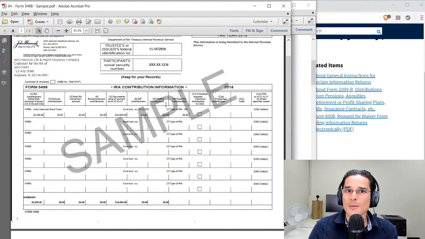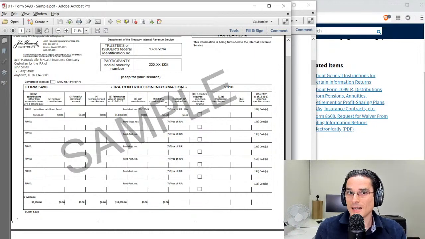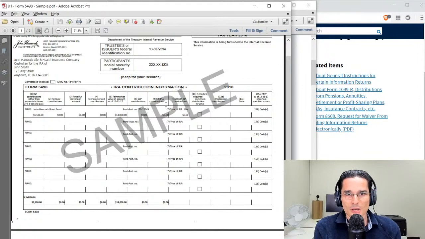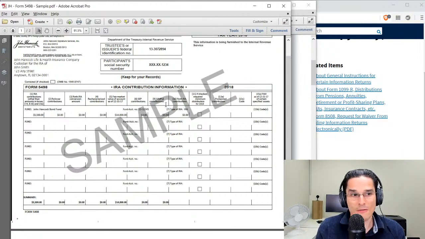Same with interest statements, 1099-INT, 1099-DIV, 1099-B, all those things are coming through, but you don't see a Form 5498. So April 15th rolls around, it's time to file your tax returns. You still don't have a 5498 to look at. And most taxpayers, that's why they're thrown off, in that it's not one of the forms that's sent to you before you file your tax return.